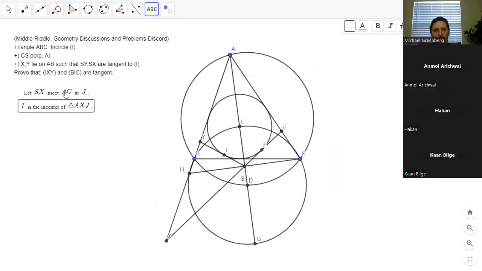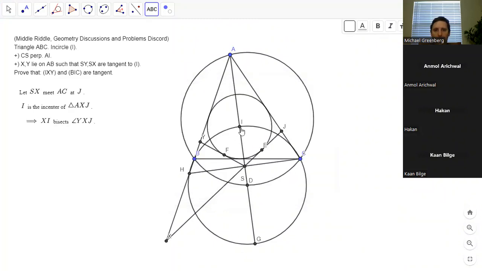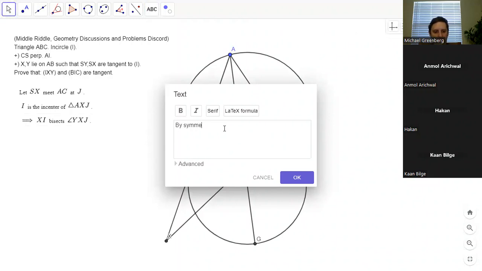So this implies that XI bisects YXJ. Then at the same time, I lies on the perpendicular bisector of YJ by symmetry. So that shows it's cyclic, and that means that XYIJ is cyclic.